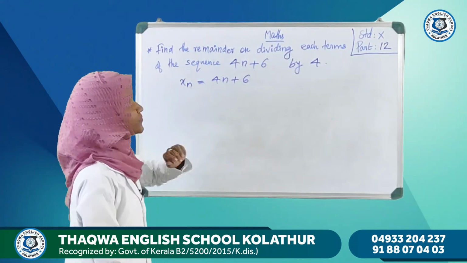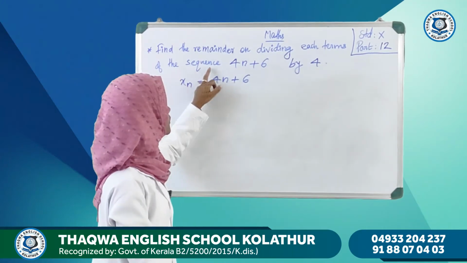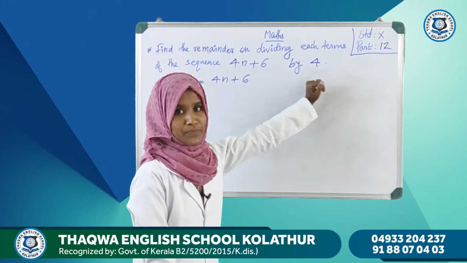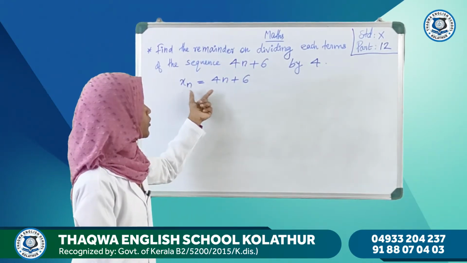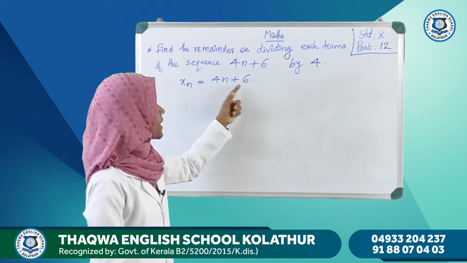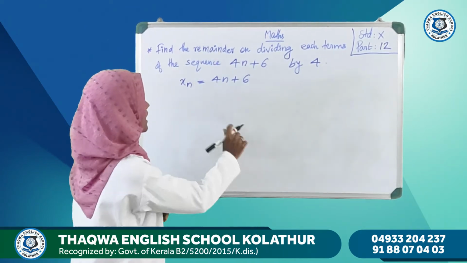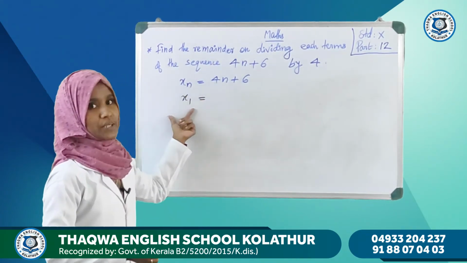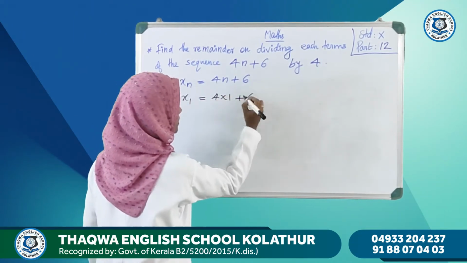Second question. Find the remainder on dividing each term of the sequence 4n plus 6 by 4. Here you have been given the nth term of the sequence is 4n plus 6. Same as in the last question, let us find the terms. First term, 4 into 1 plus 6.